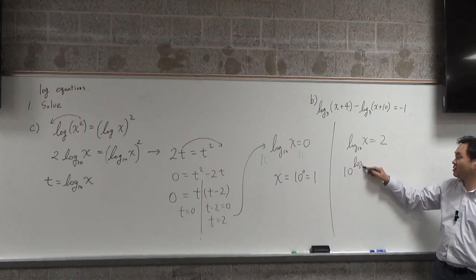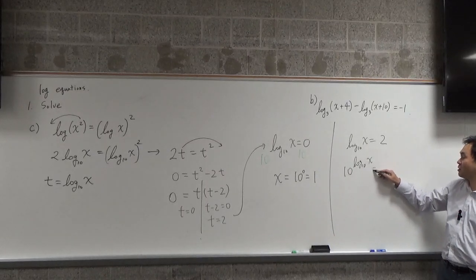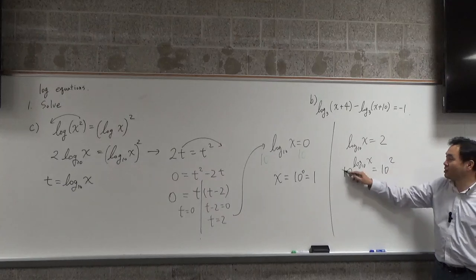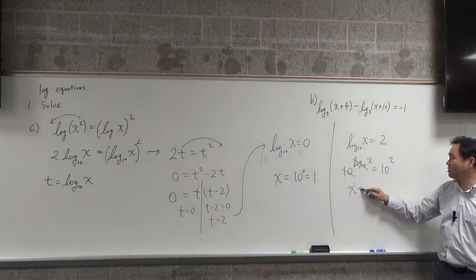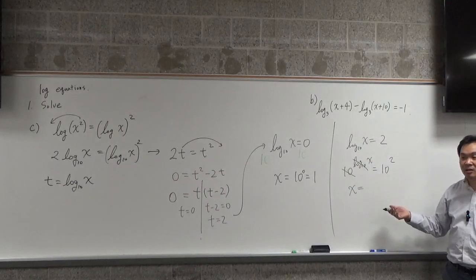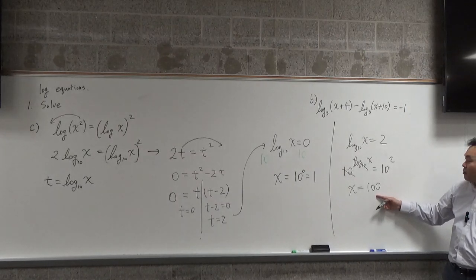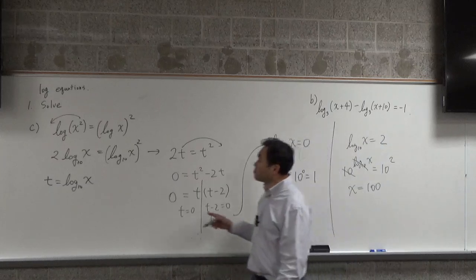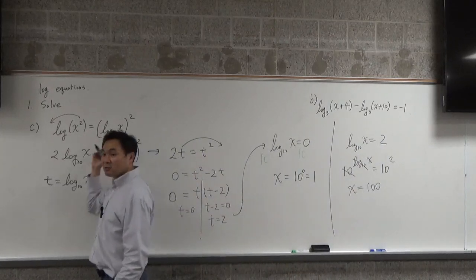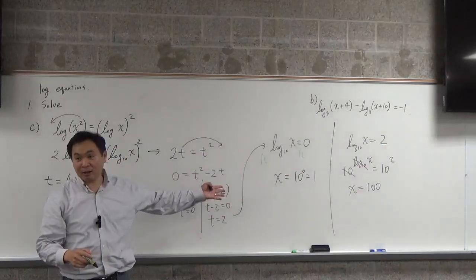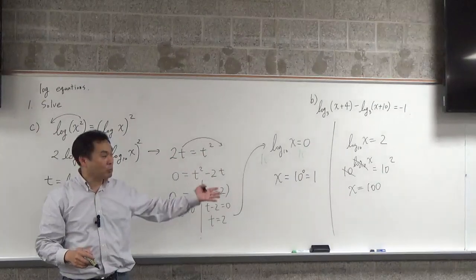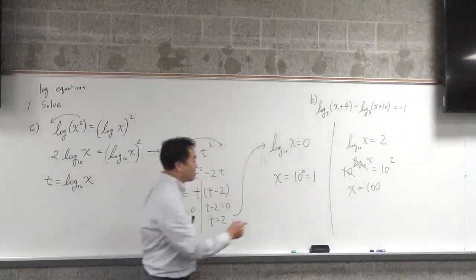You raise both sides over 10 so that they cancel, and you get x equals 10 squared. 10 squared means 10 times 10, which is 100. And again, 100 and 1 are both okay because they are positive, so none of them has any domain problem. Those are the answers. 2 answers.